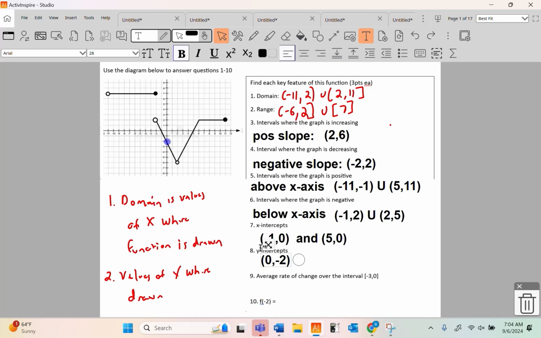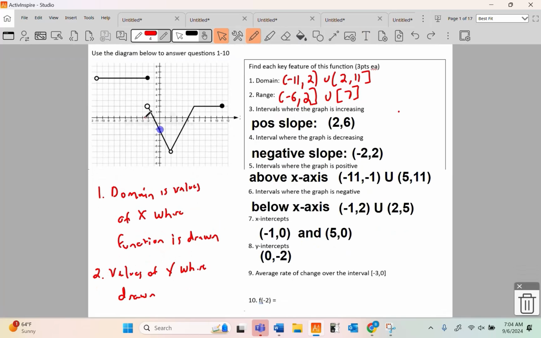Average rate of change over the interval from -3 to 0. So at -3, I would be right here on the graph. And at 0, I would be right there on the graph because I'm talking about x values here. And so I went to those x values and put a point on the graph.